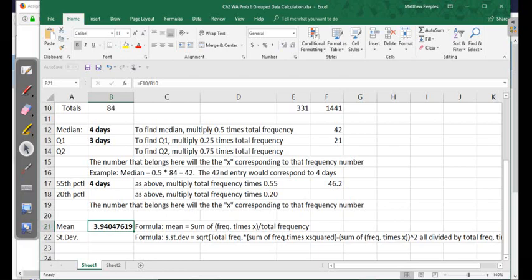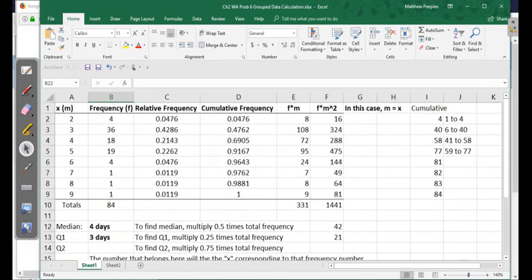Now, as far as my standard deviation, the standard deviation is found by taking a different formula. We have to include another column here for us to do this. In this one, we take the frequency times the square of the midpoint. So what I'm actually taking is the frequency in column B times the square of the midpoint, and in this case, that's just x.